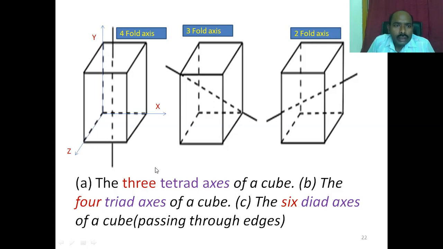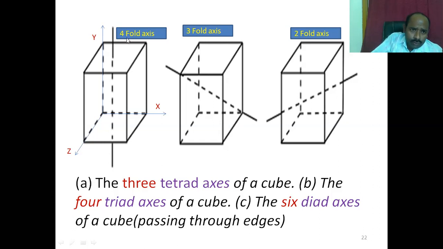Here we have considered a cube. For a cube, how many four-fold axes exist? How many three-fold axes exist? And how many two-fold axes exist? We see.